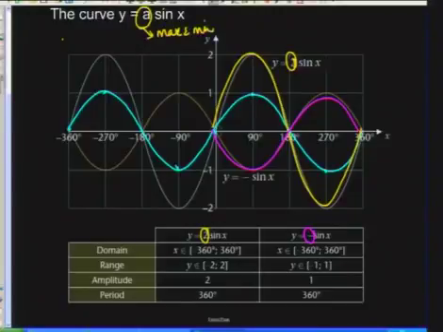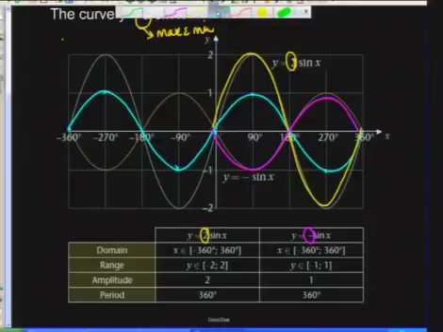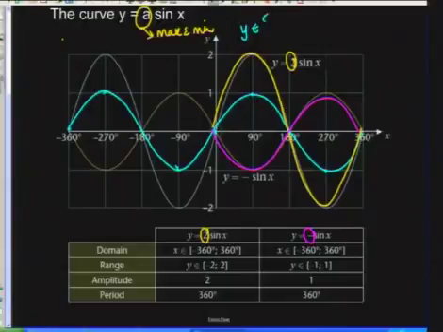And the way that we can actually plot those is very easy, because our parent graph has got y values that start at 0. So this is just my y values. They would be 0, I go to 1, I go back to 0, I go to -1, and I go back to 0.